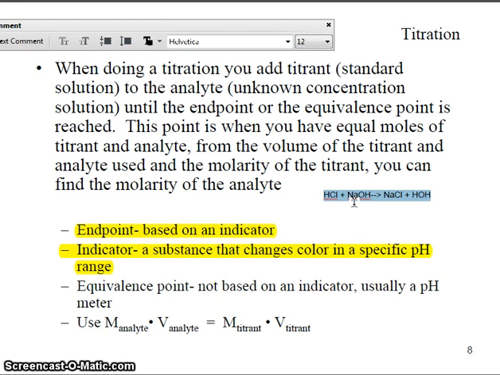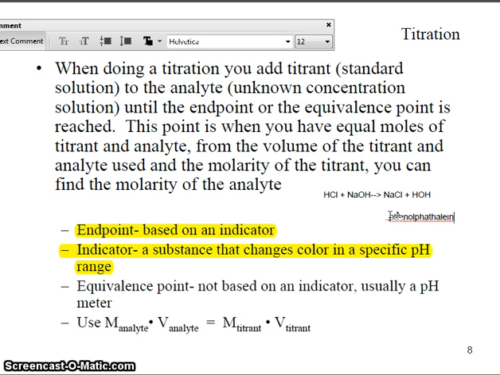So very often we use indicators which are nothing but organic acids, and it is their property that in an acidic pH they show one specific type of color, and in the basic pH they show something else altogether. So I'm going to give you the example of phenolphthalein, because that's what you are going to use in the lab as well.